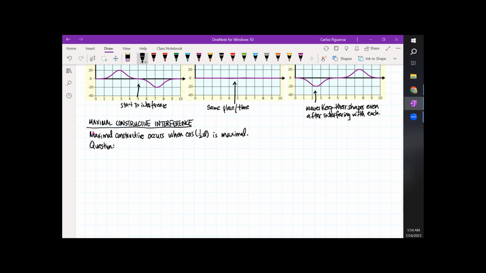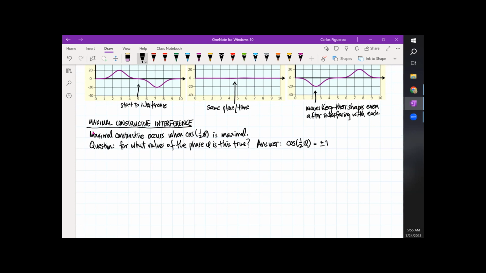Question: for what values of the phase phi is this true? And of course, the answer is when cosine of 1/2 phi has to equal plus or minus 1. That's when it's at maximal.